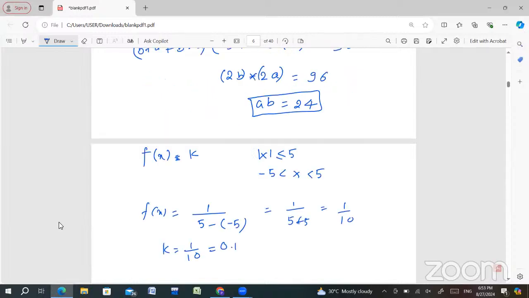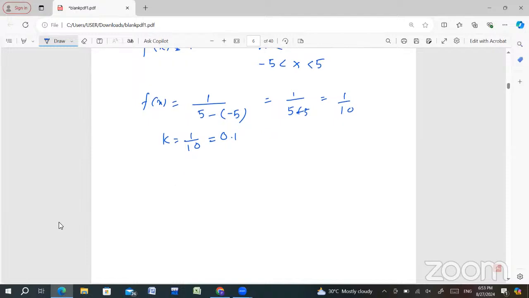Suppose in the above question, it was written as x is less than equal to 42. Then you know that it is CDF, because it includes the probabilities at all the points below 42. So this is CDF, not PDF. If you are given something like this, it is CDF.